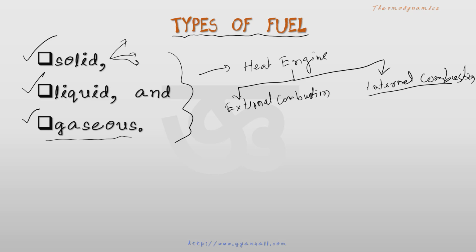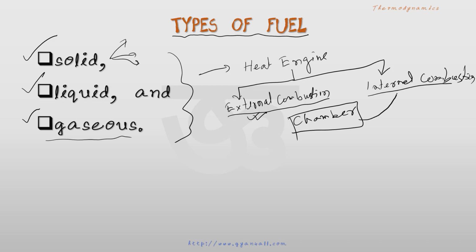Now if we talk about what an external combustion engine is, these are engines in which the fuel is burned outside the cylinder or chamber. So there will be one chamber to burn the fuel, and this chamber is external to the system in an external combustion engine.